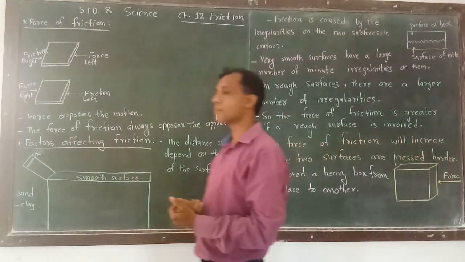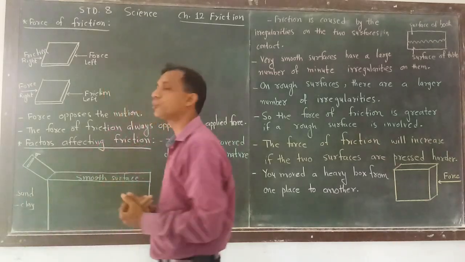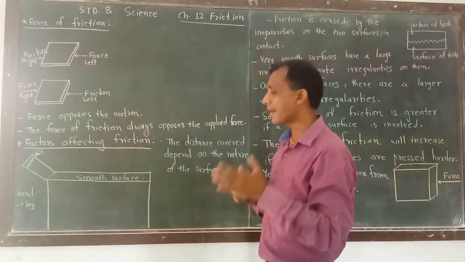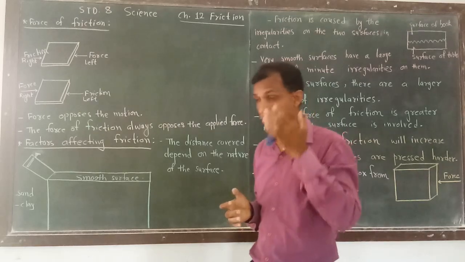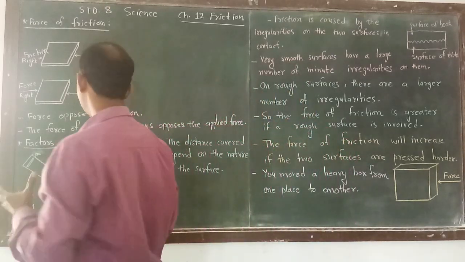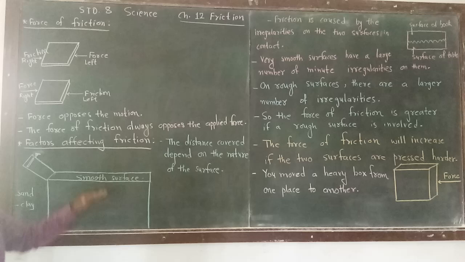Now, next topic, we discuss the factors affecting friction. Let us make an inclined plane. Take a smooth table surface and make an inclined plane with the help of necessary support. Now take a pencil and mark the point A. Take any object like a sphere, like a pencil.